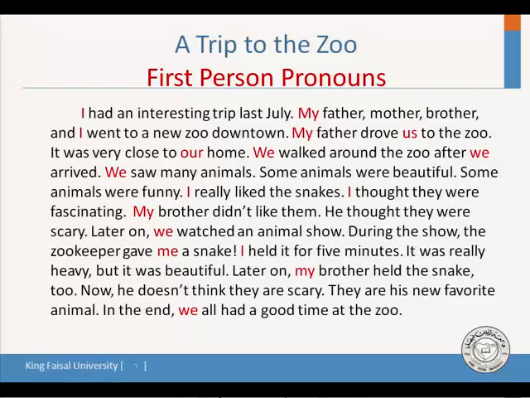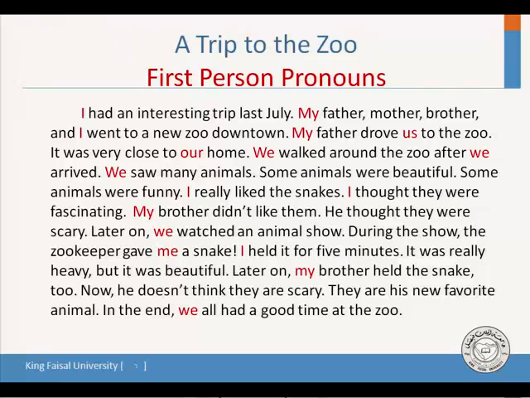I really liked means I liked very much. I thought they were fascinating. My brother didn't like them. Them means the snakes. He thought they were scary, frightening.